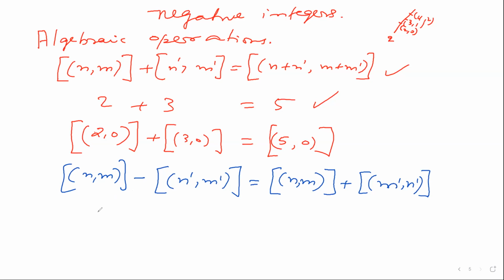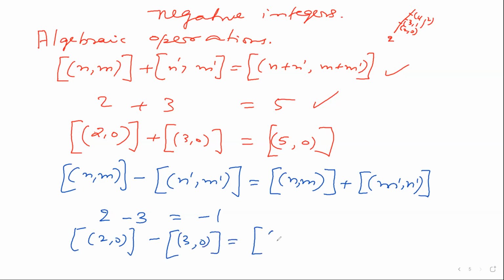Let us take 2 minus 3 equals minus 1. Is this going to give us that? What is 2? 2, 0 minus 3, 0 equals nm is 2, 0 plus, what?